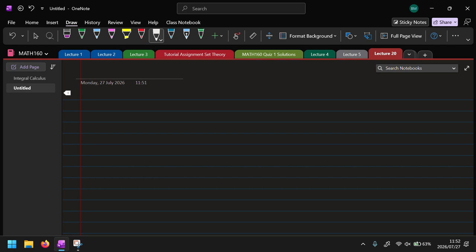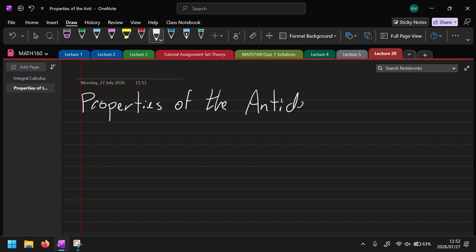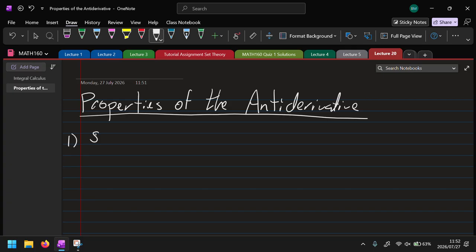Okay. Some properties of the antiderivative. There's only 2 main properties that we need to go through. The first one is the sum or difference of functions.